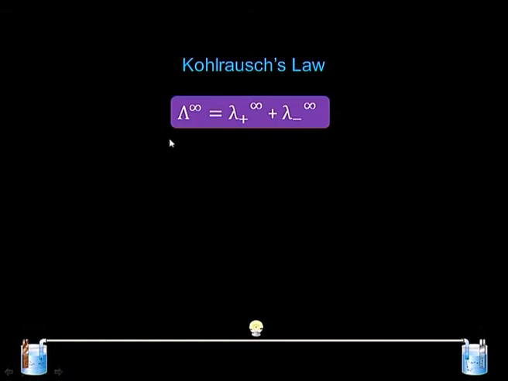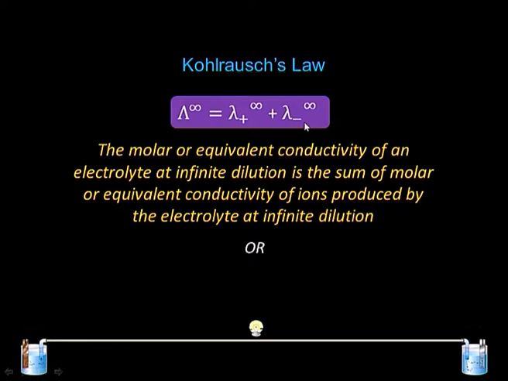He gave the well known Kohlrausch law, which says that the equivalent conductance at infinite dilution of any electrolyte is the summation of the equivalent conductance of the cation and the equivalent conductance of the anion, which means they give an equal contribution at infinite dilution.